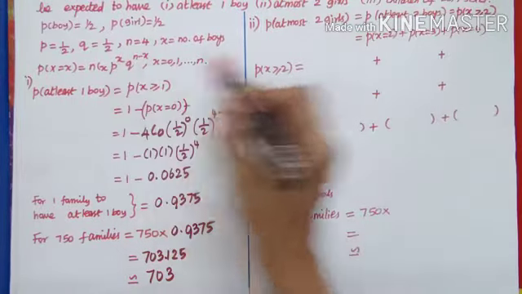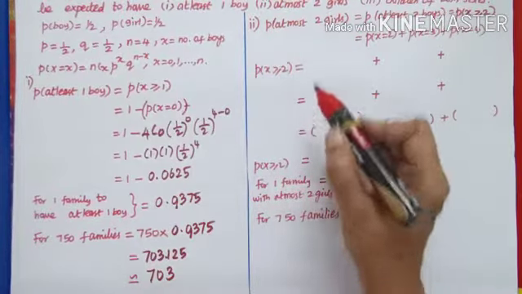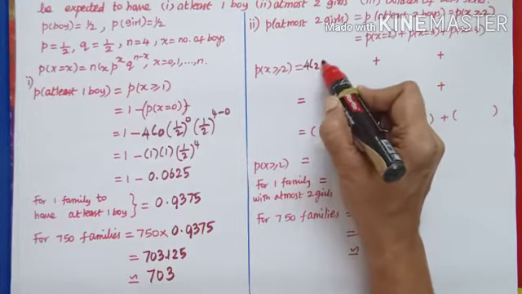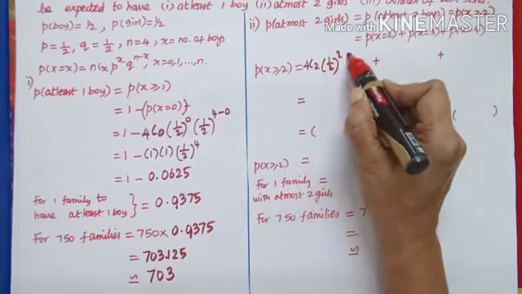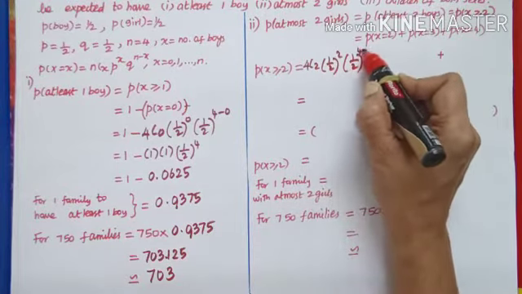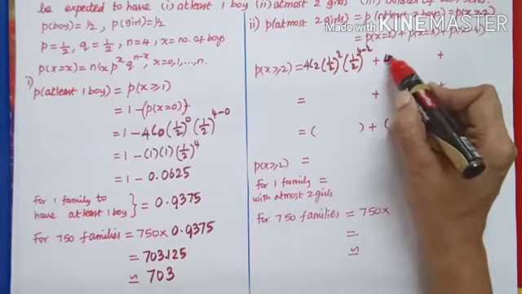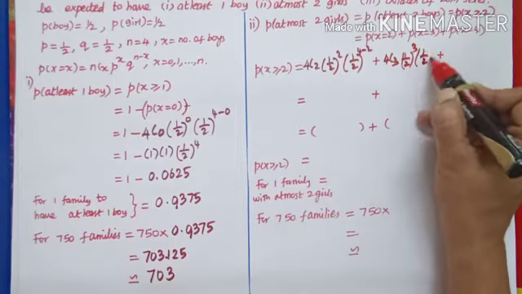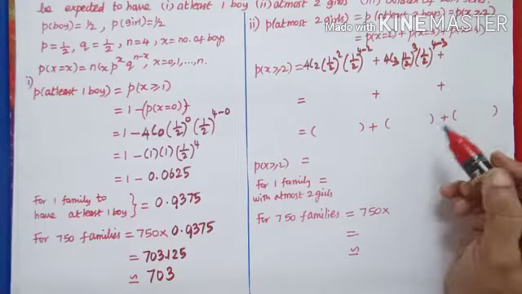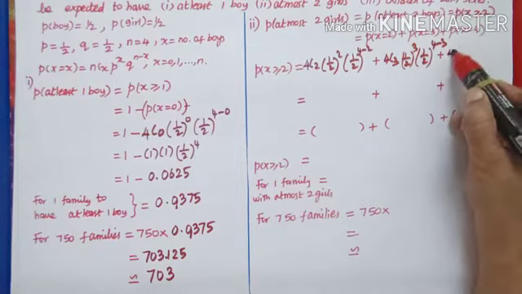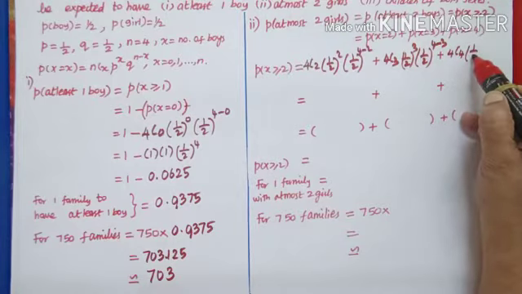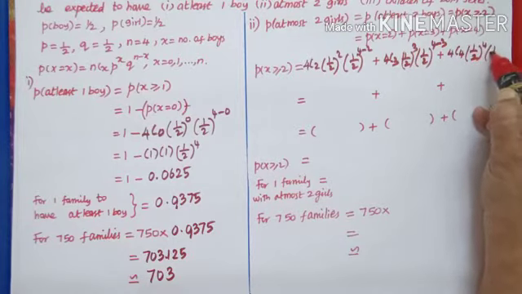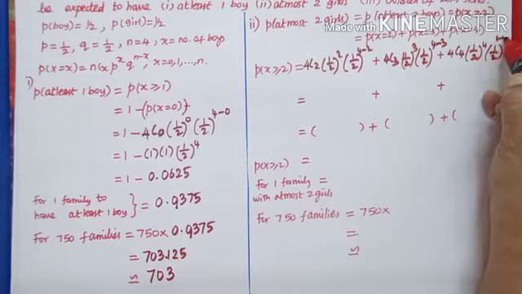In the formula, put X equal to 2. I get 4C2 half power 2 half power 4 minus 2. Similarly, 4C3 half power 3 half power 4 minus 3. And X equal to 4: 4C4 half power 4 half power 4 minus 4.